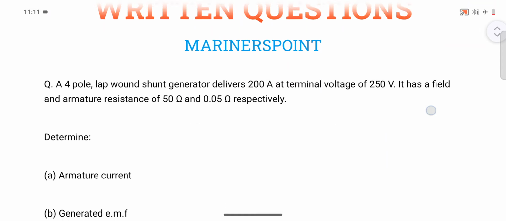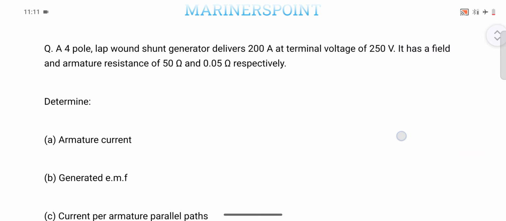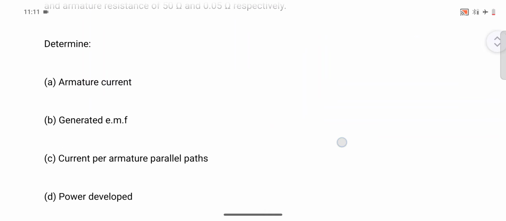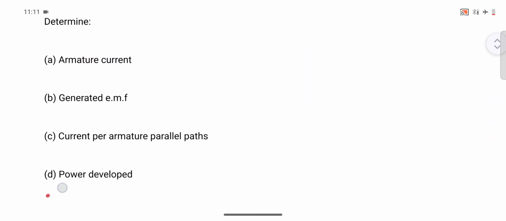We have to calculate the armature current, generated EMF, current per armature parallel path, and power developed. These four things we have to calculate in this question.